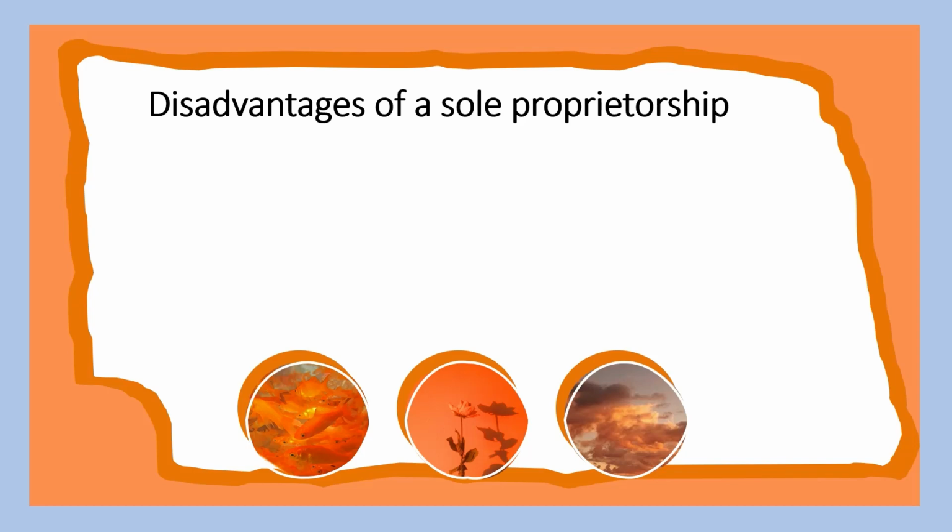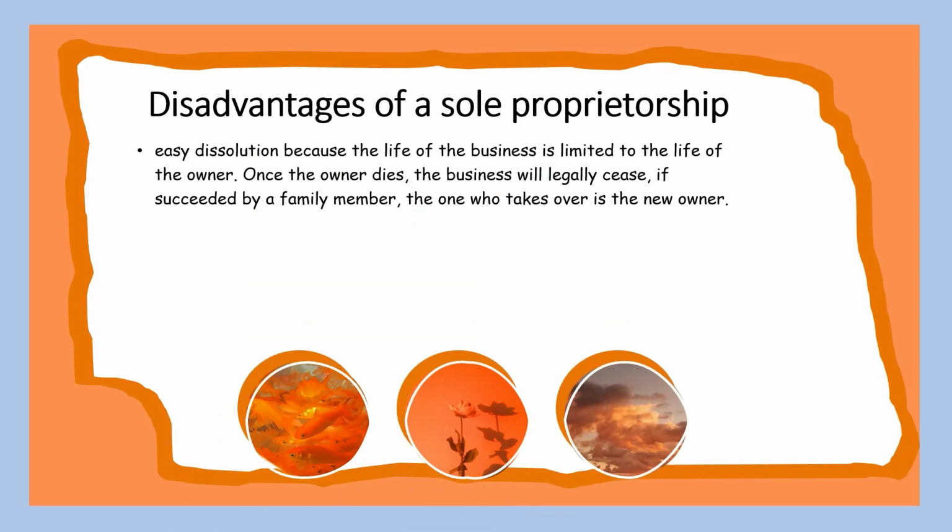What about the disadvantages of a sole proprietorship? These are easy dissolution because the life of the business is limited to the life of the owner. Once the owner dies, the business will legally cease. If succeeded by a family member, the one who takes over is the new owner.